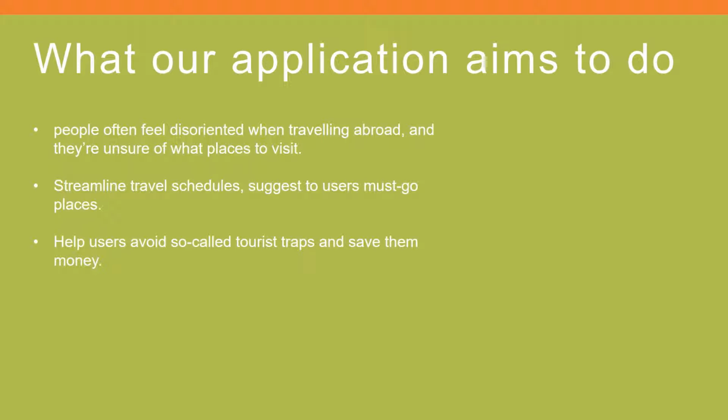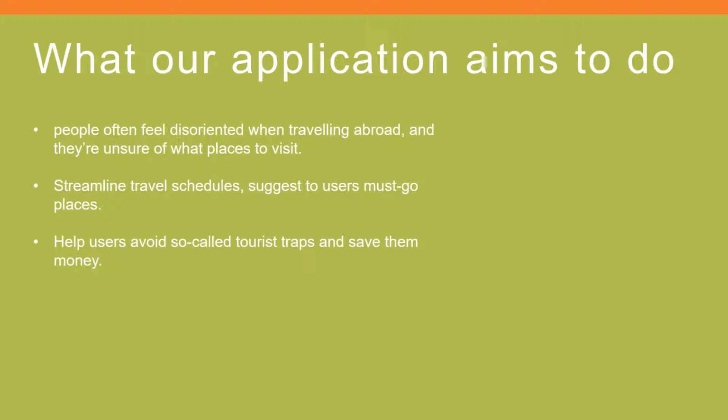What our application aims to do: people when traveling abroad often feel disoriented and are unsure of what places to visit. Most of the time they don't know much about the place or need recommendations according to what they like or dislike.